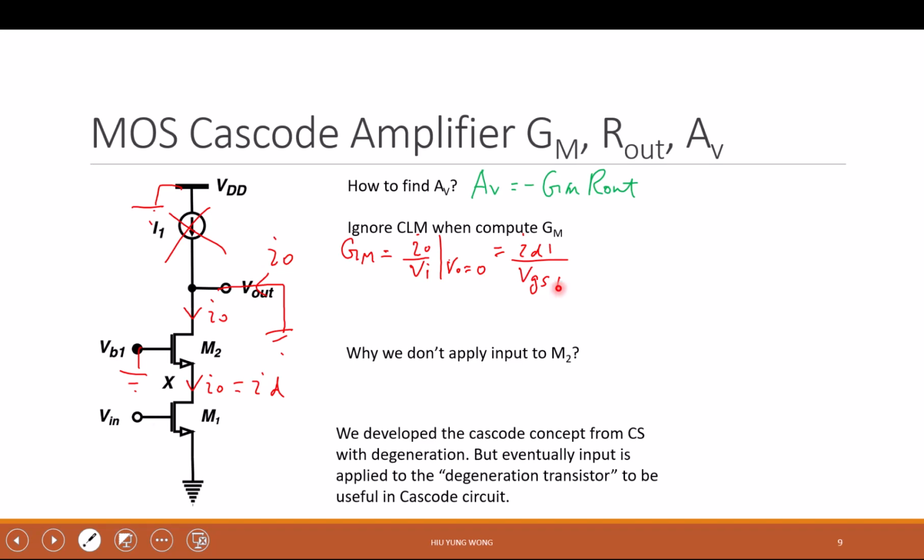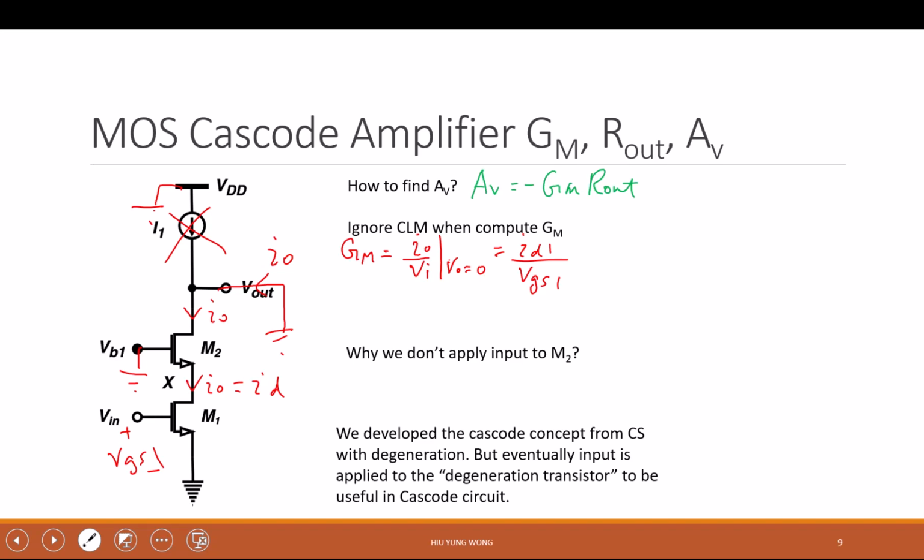Because this is the input. This is VGS1, correct? Okay. Then the problem becomes the overall GM of the circuit is equal to ID1 divided by VGS1.